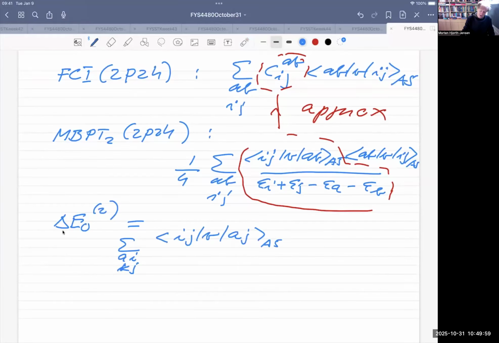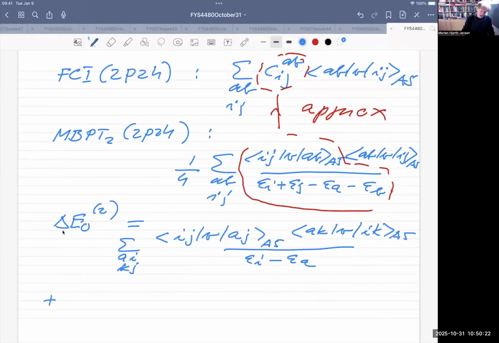So this is anti-symmetrized. And then we have the next element, <ak|V|ik>, anti-symmetrized, divided by epsilon_I minus epsilon_A.